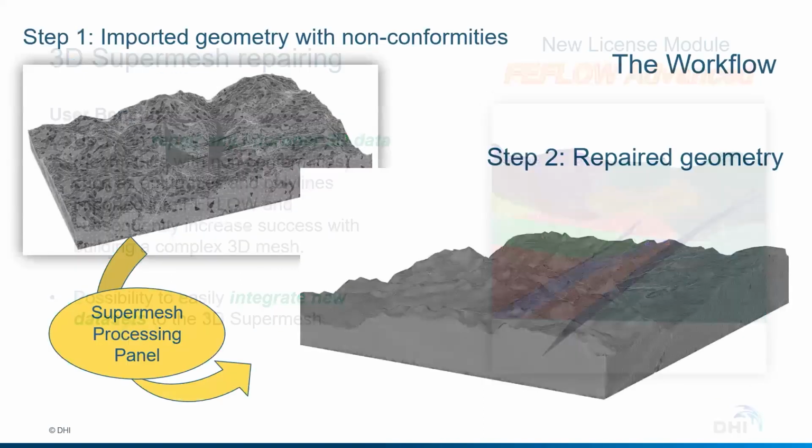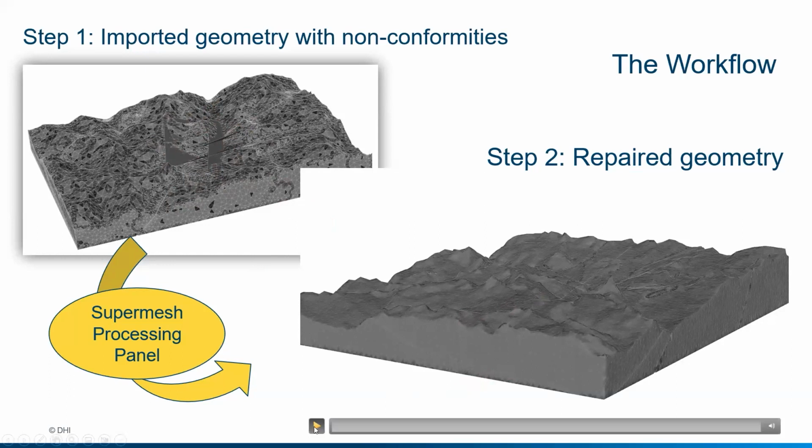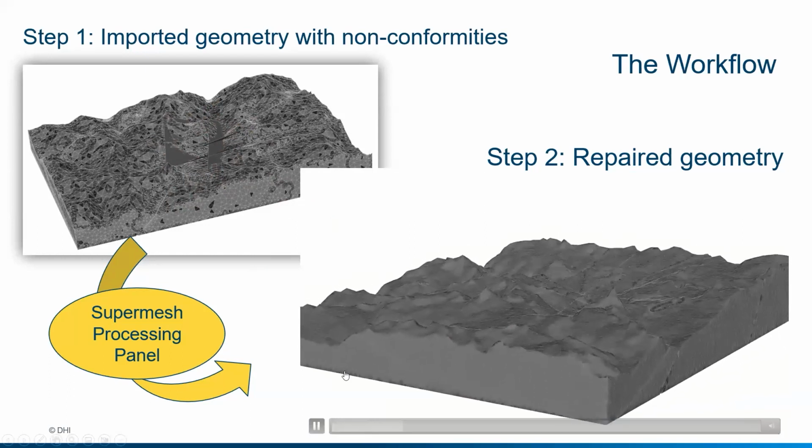How it works is quite simple. We have in FEFLOW a panel called the Supermesh processing panel. If you see my screen, here we have a number of faults which are not properly fitting the data. You see they're above the topography. In a few words, what the technology does is repair the data.